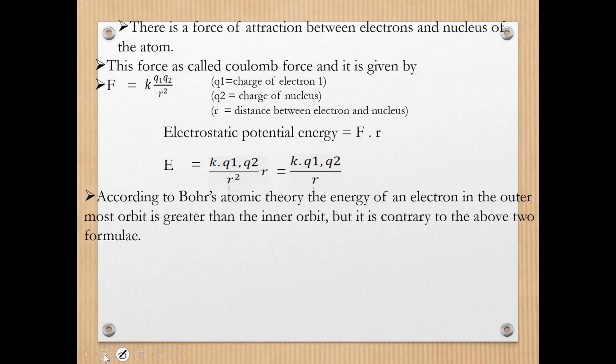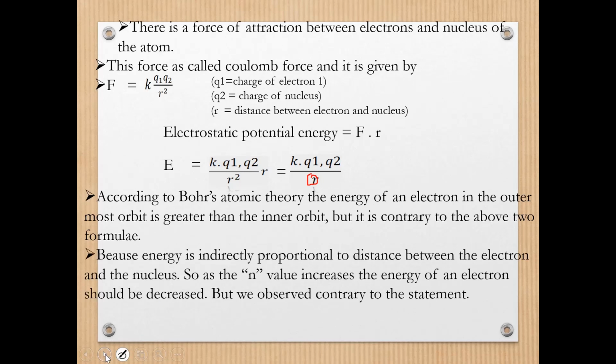But according to Bohr atomic theory, the energy of an electron in the outermost orbit is greater than in the inner orbit. That is, if you increase the radius, the E value should be increased according to the statement, but that does not happen, and the energy of an electron at the higher orbit is greater than the inner orbit.